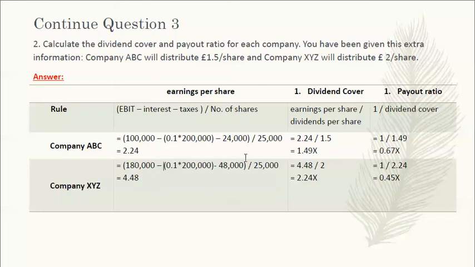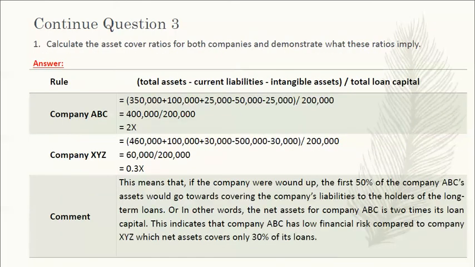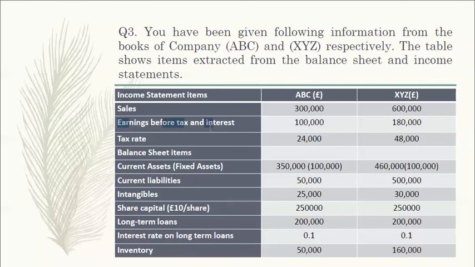Here, earnings before interest and tax for company XYZ is 100,000, as I've written, and tax equals 48,000 also, and a long-term loan equal to 100,000 and the interest rate 0.1.